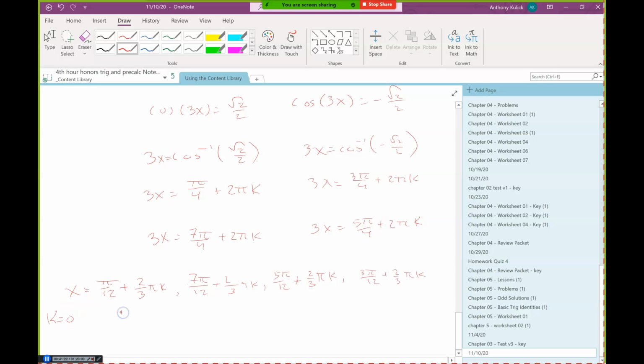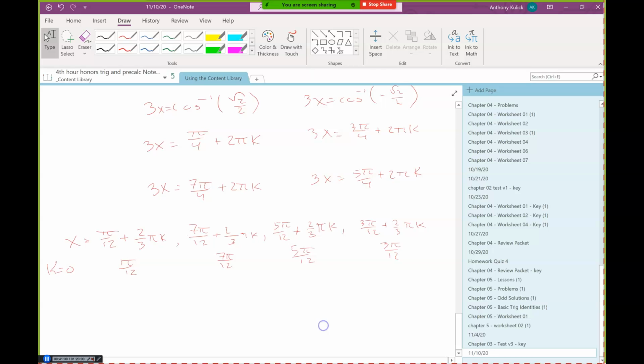So when k equals 0, 1 pi over 12, 7 pi over 12, 5 pi over 12, and 3 pi over 12. All of those are between 0 and 2 pi, so they're all acceptable. When k equals 1, 1/12 plus 2/3, I have to make a common denominator, which would be 12. So I multiply 2/3 by 4 over 4, making 8/12.